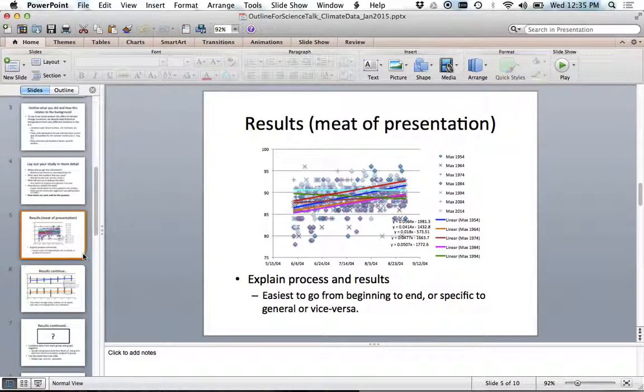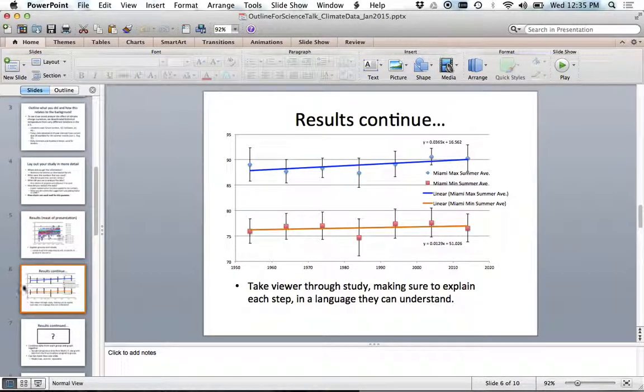We looked at the curves of each individual summer. You could see that some were higher and lower. And then you're going to have to tell what we did on this graph, right? We took the average temps. This is standard deviation. Explain some of these values here. What does this slope mean? What does this mean as far as what you think is going on in Miami with time?